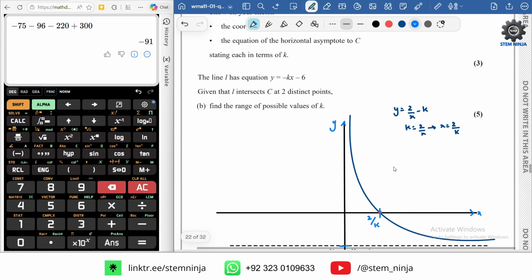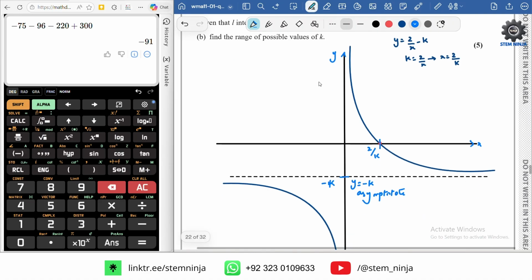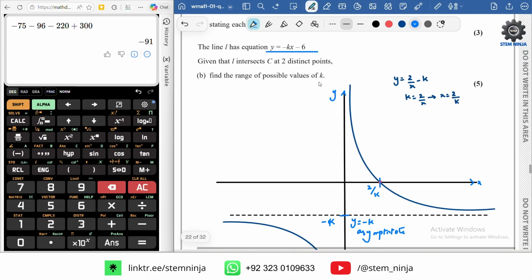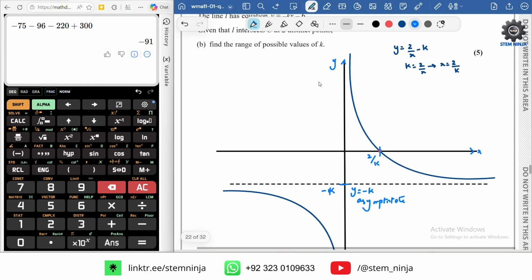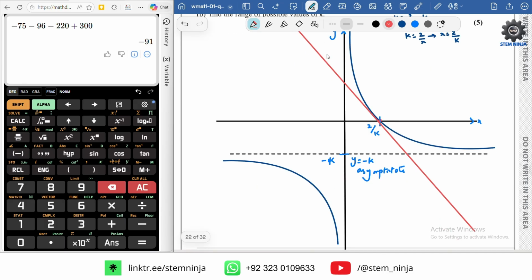The line L has equation y equals minus kx minus 6. Given that L intersects C at two distinct points, find the range of possible values of k. Okay, so this means that k is either beyond this point, moving this way further, or it's below this point.